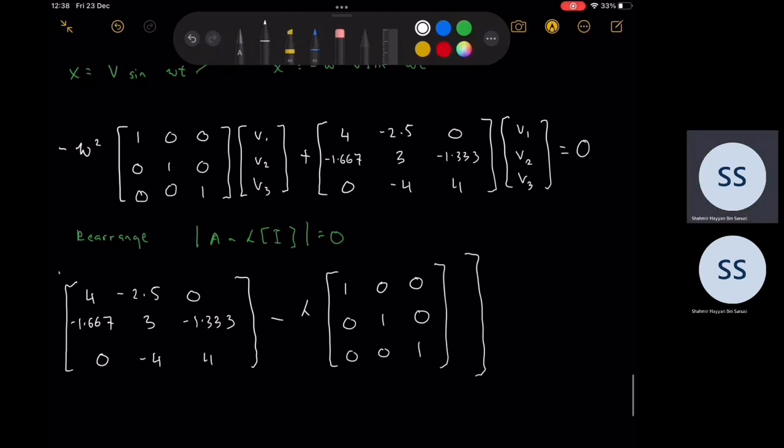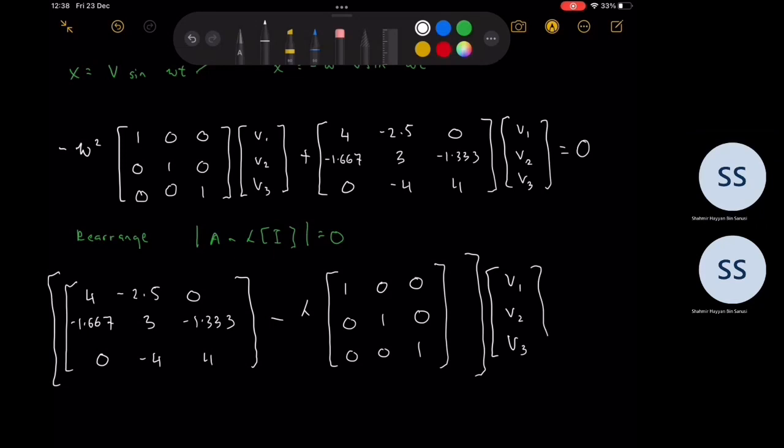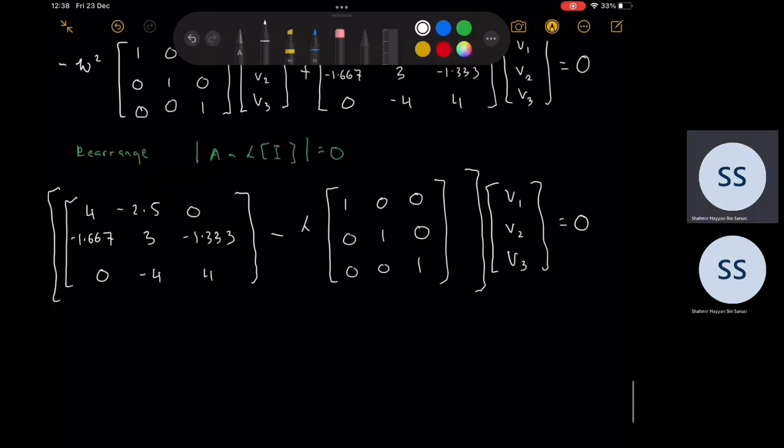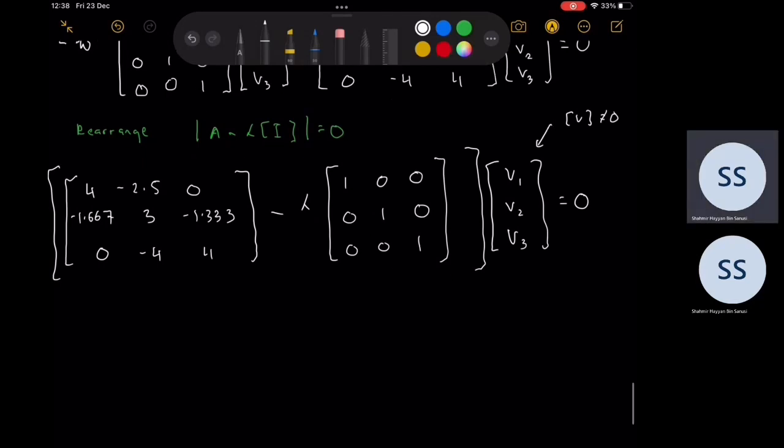We need to multiply it with v1, v2, and v3 equals 0. Since matrix V cannot be 0, in the end we will end up with this one equals to 0.